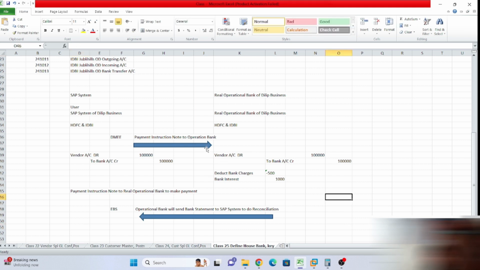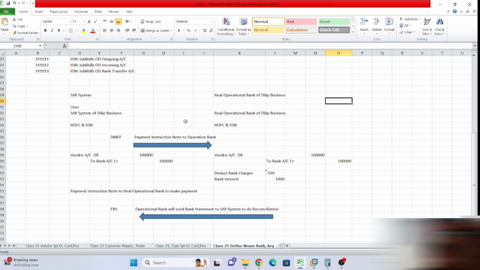We understood. There needs to be a link, because SAP is a different system, and the bank may not be using SAP. The business people are using the SAP system, but it is not mandatory that HDFC or IDBI bank will be using SAP. Maybe they are using a different system, different software. So we need to send through an interface.